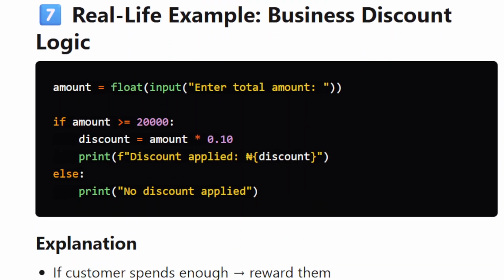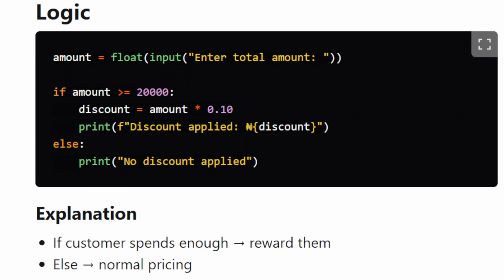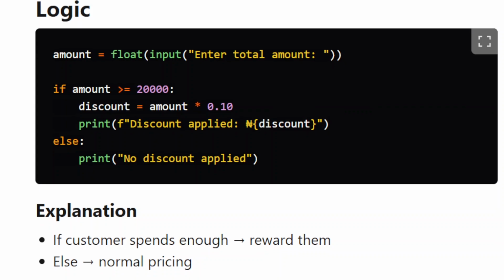So I have this business discount logic here. So now this receives an input of an amount as a float. Remember conversion, which I mentioned. Now it says if amount is greater than 20,000. So if someone comes to my shop and buys something above 20,000, apply a discount.